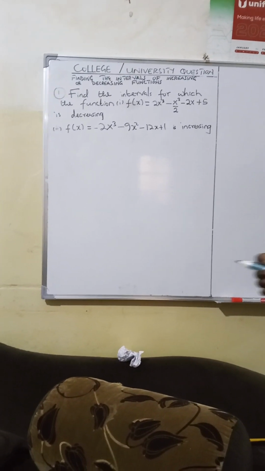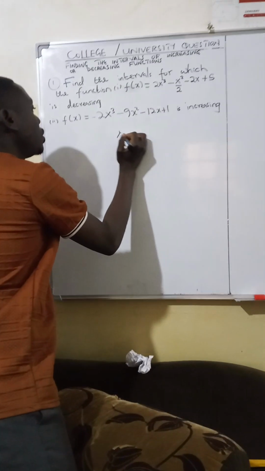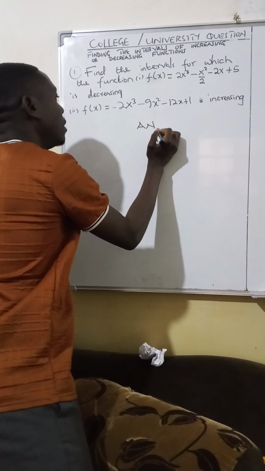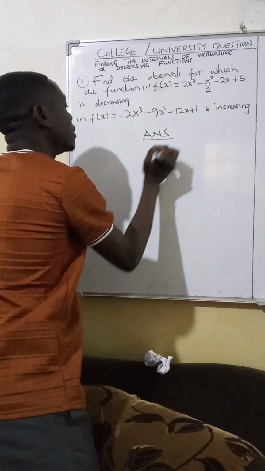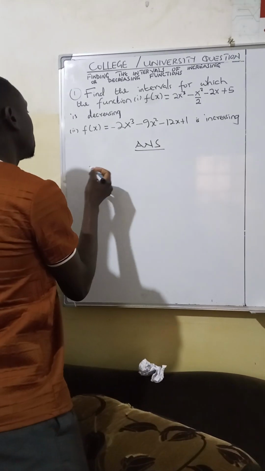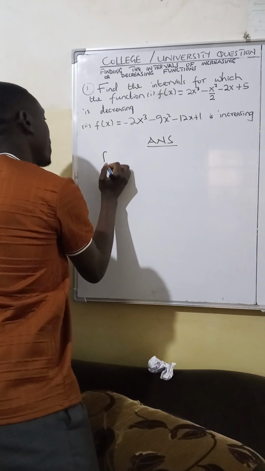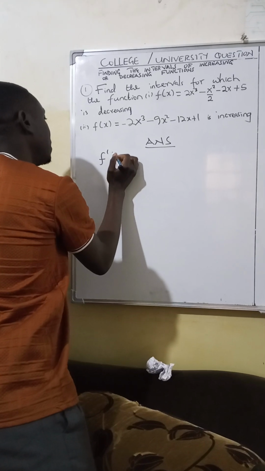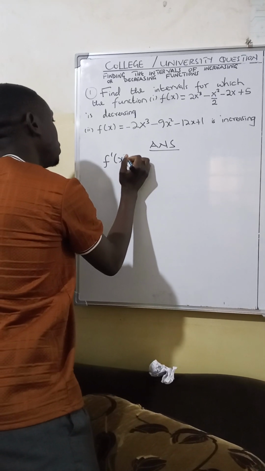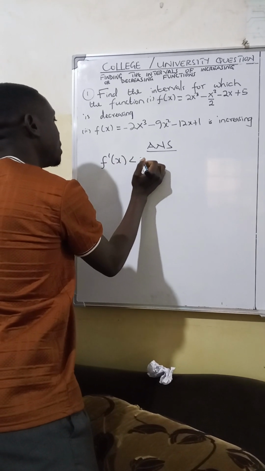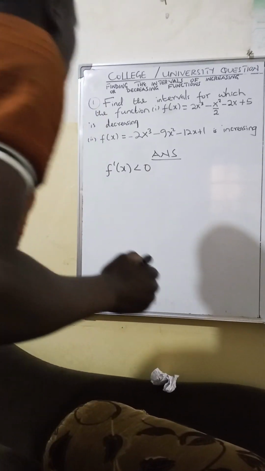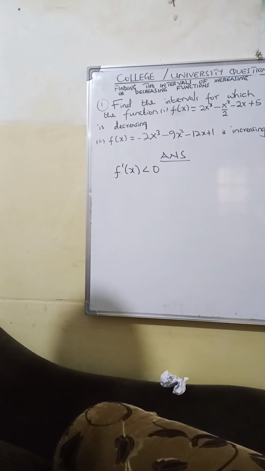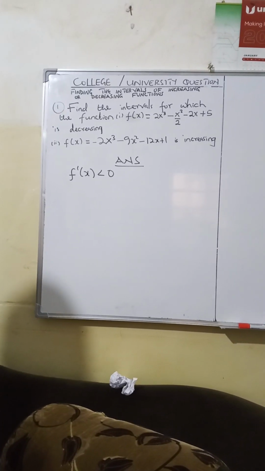So these are the conditions. If a function is decreasing, it means that f prime of x, the first derivative of the function, must be less than 0.